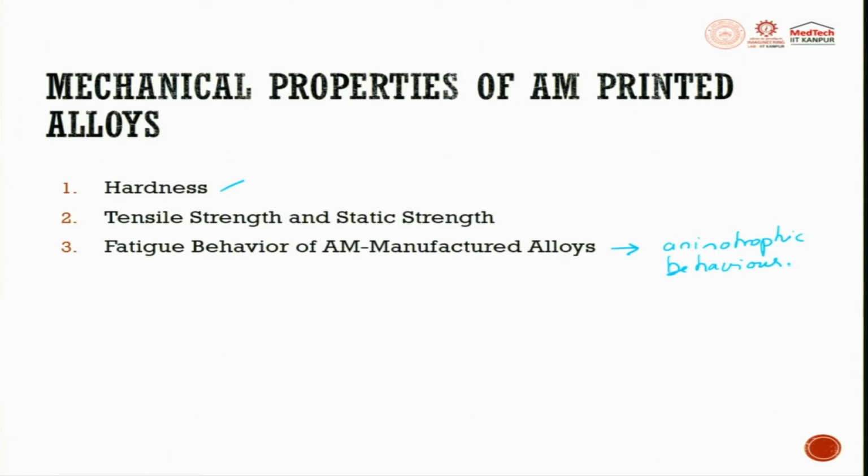When you put the component through a fatigue behavior test, it fails miserably. That is why we evaluate the metal additive manufactured parts for hardness, tensile strength, static strength and fatigue behavior to evaluate the quality of the output. All these things are part of destructive techniques of evaluation.